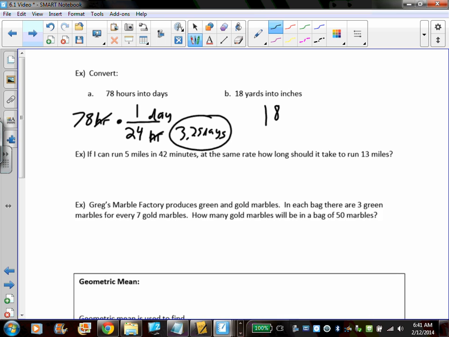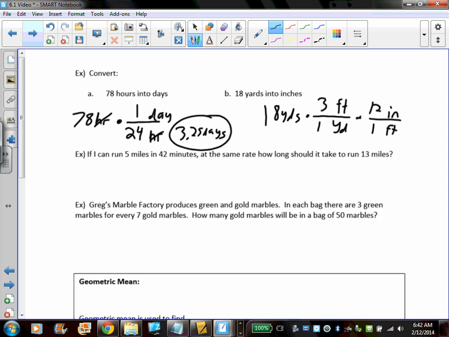18 yards into inches. Well, we want to get rid of yards and we want to turn them into inches. We can use 2 steps for this one. For example, we know that there are 3 feet per 1 yard. And then we know that to go from feet to inches in 1 foot, we have 12 inches.